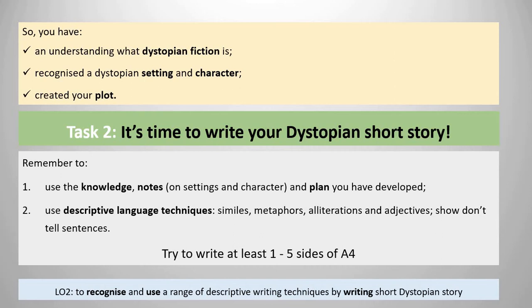Show, don't tell. So don't make it obvious what you're trying to tell me. Don't tell me that, for instance, say your character was called Bob, and you said Bob had short brown hair. Instead of saying it like that, you could say something along the lines of Bob turned his head to the sound coming from behind him.